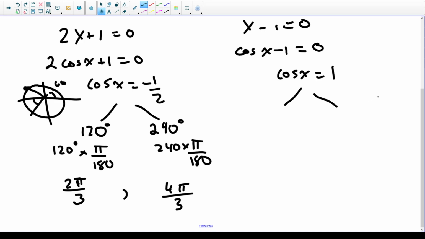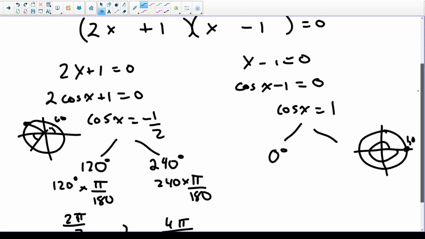Now for cosine x equals 1, what special angle does theta have to be, or x have to be, sorry, so that I get 1 as my answer? Well, this coordinate right here is 1, 0, because this is a radius 1 circle, right? That would be 0 degrees. But there's another one.